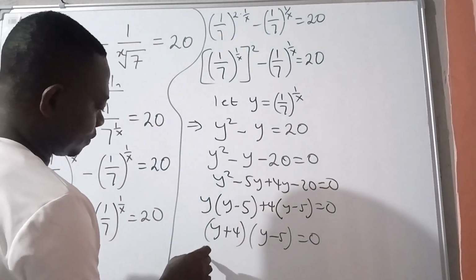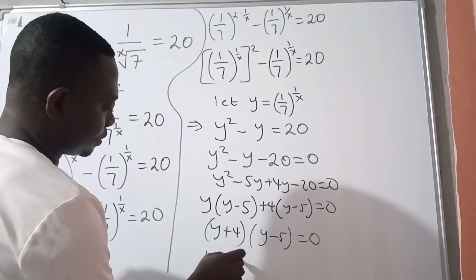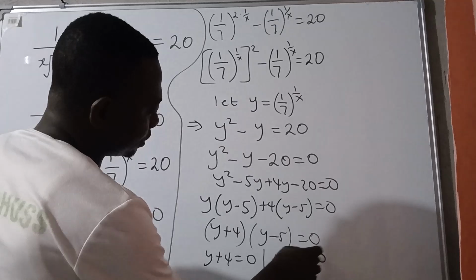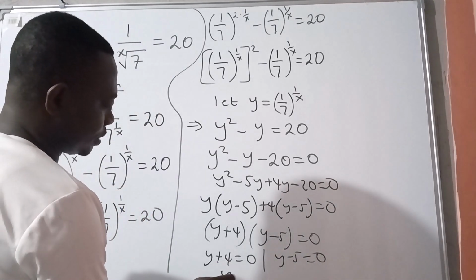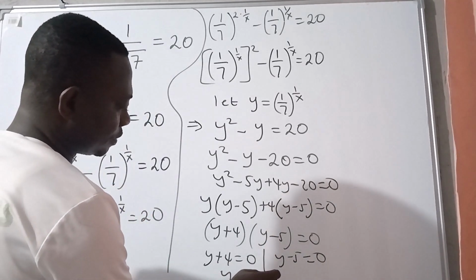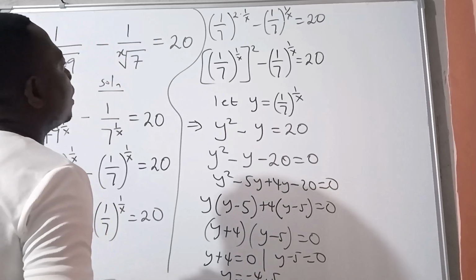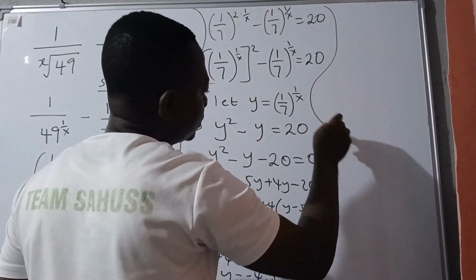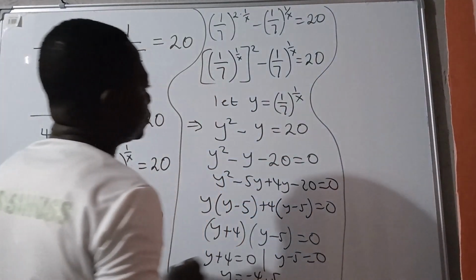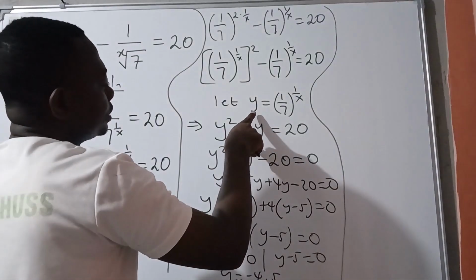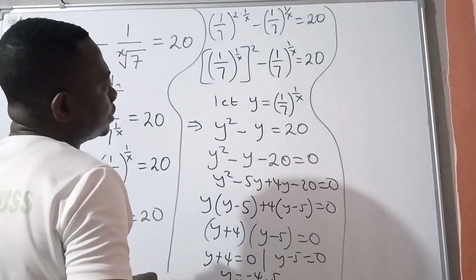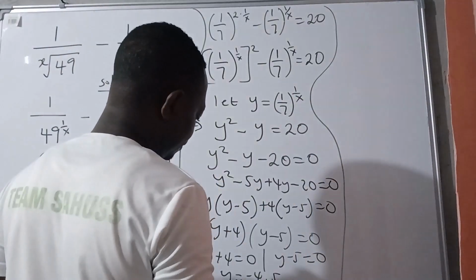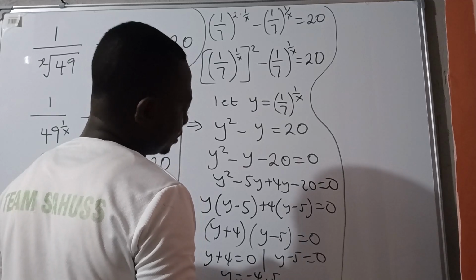So we have y plus 4 equal to 0, and then y minus 5 equal to 0. So we have y equals to minus 4 or 5. All right, so let's see how we can conclude this. So we said, let y be that, and we have y equals to minus 4 and y equals to 5.